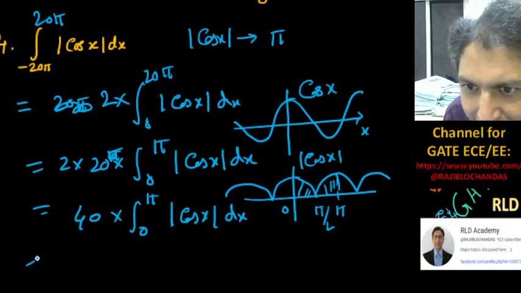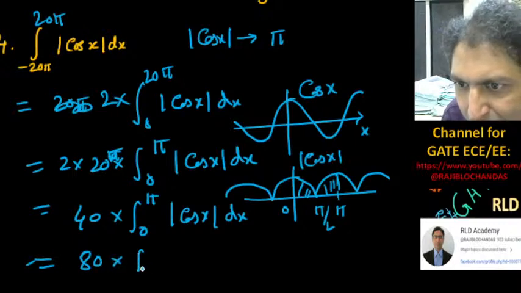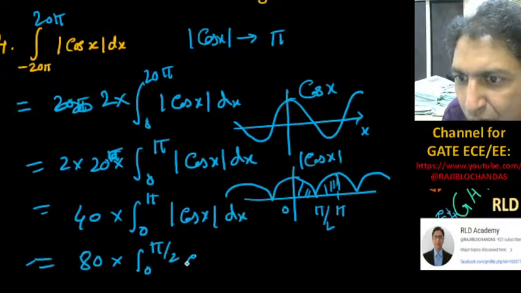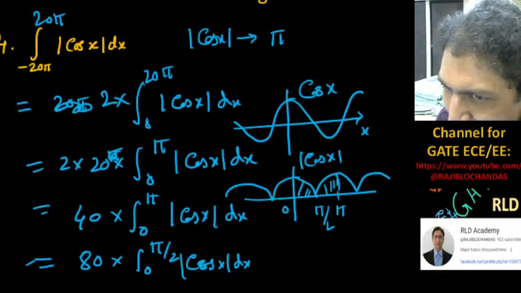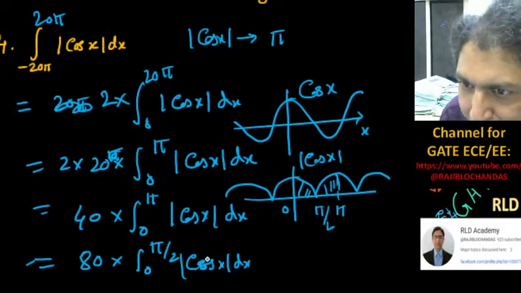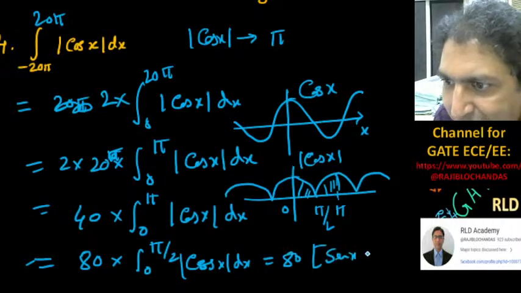So we can write it as 80 times the integral from 0 to pi by 2 of mod cos x dx. Within 0 to pi by 2, cos is always positive, so we can remove the mod sign. So this is your 80, and your integration is simply sin x from 0 to pi by 2.